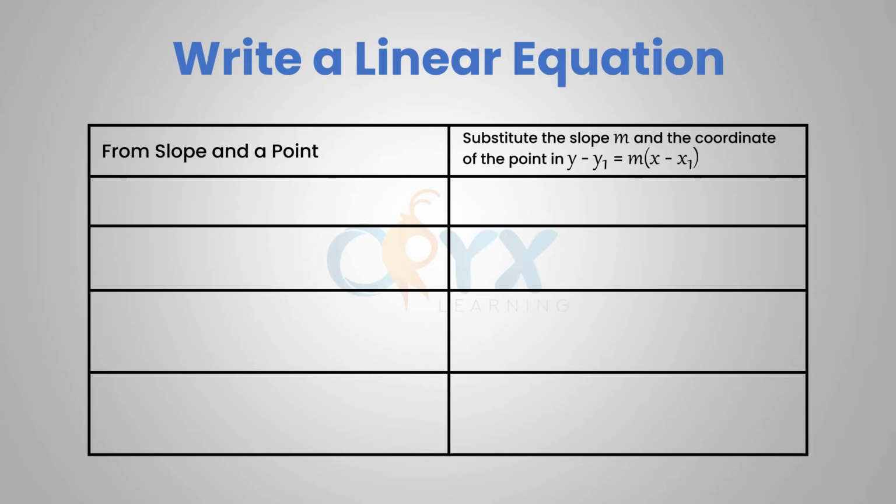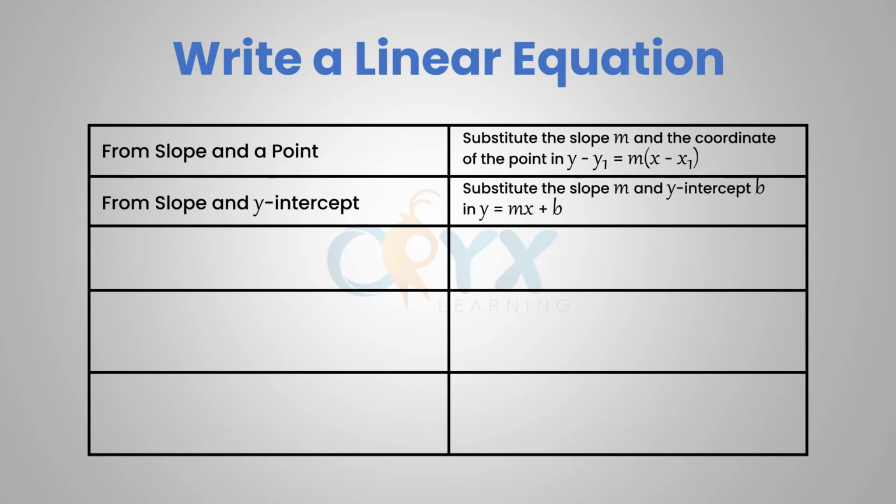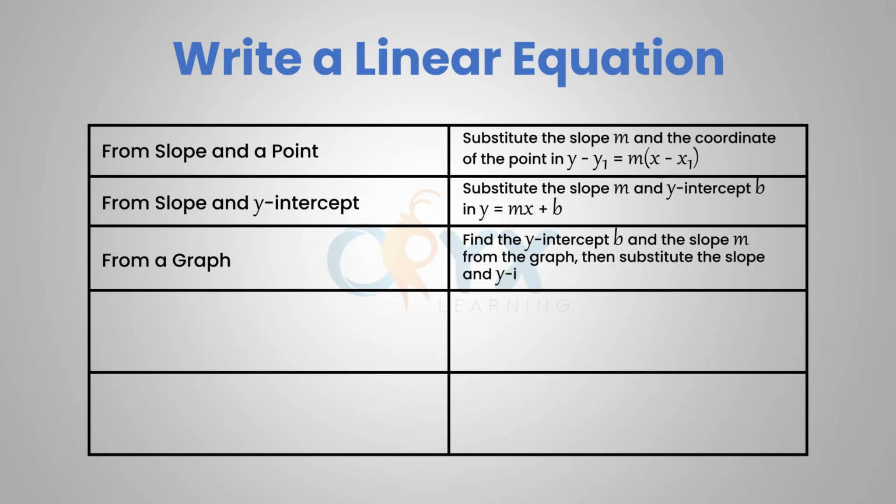If you're given a slope and a y-intercept, then it's easiest to substitute the slope m and the y-intercept b into the equation y equals mx plus b. That is our slope-intercept form. If you're given a graph, find the y-intercept b and the slope m from the graph, and then substitute them into the slope-intercept form again, y equals mx plus b.